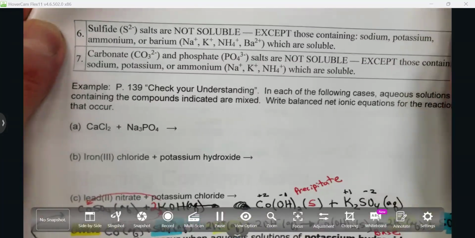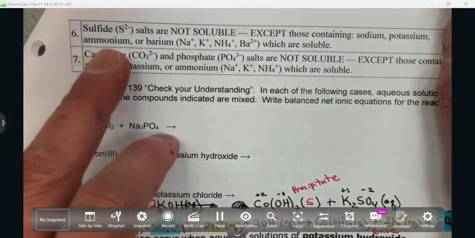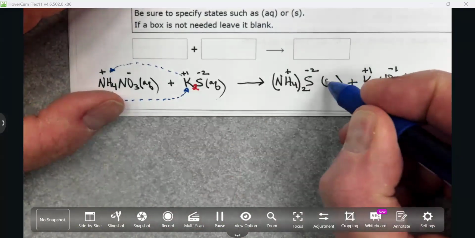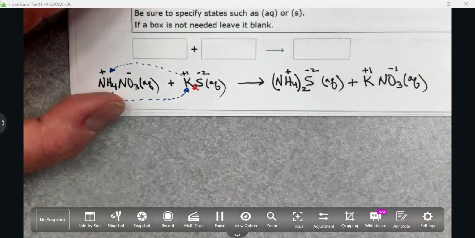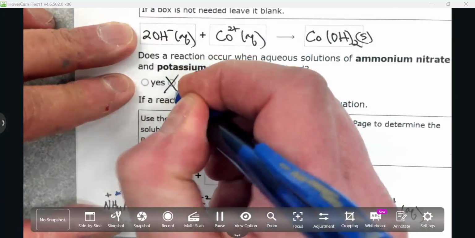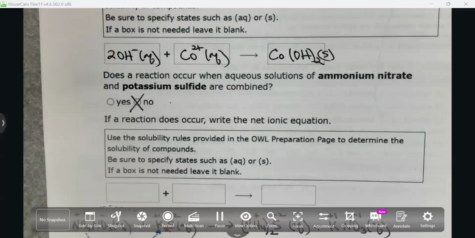Sulfides are not soluble except those containing sodium, potassium, ammonium. So this is aqueous, so there's no solids, there's no reaction. Nobody's getting together at the third house party. No, no, no.